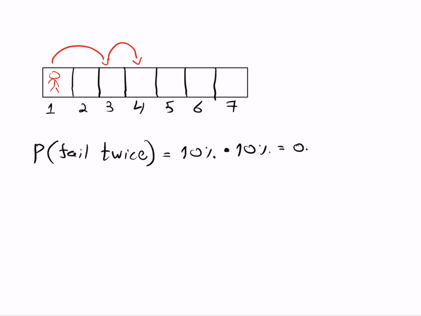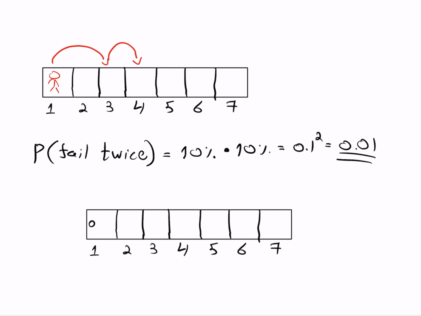Now, in order to stay at bin number 1, I need to fail the first time and also to fail the second time. So the posterior distribution after 2 movements or 2 fails will be 0.1 squared, which is 0.01. This is for bin number 1.